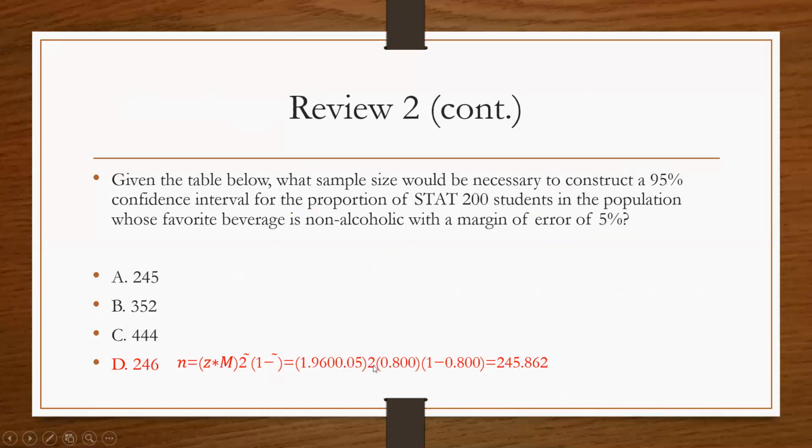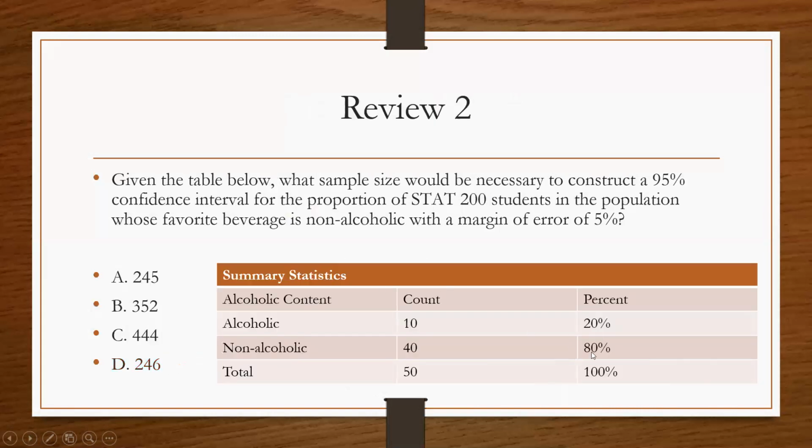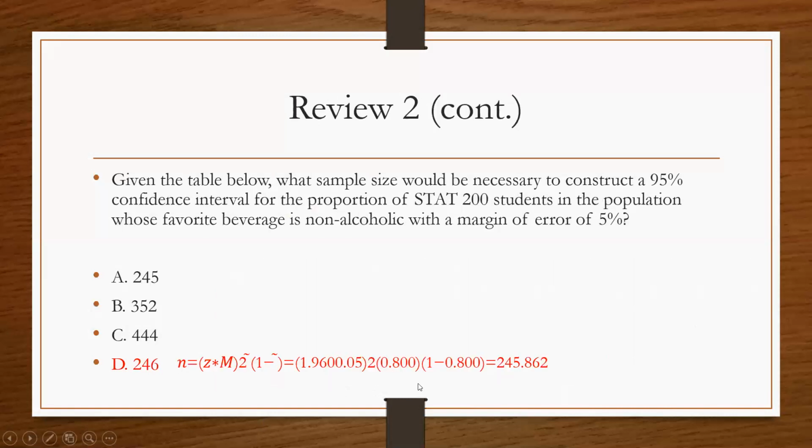Then it's multiplied by the proportion, which is 0.8 from the non-alcoholic percent, and multiplied again by 1 minus 0.8, and you end up getting 245.862. But you always have to round up, even if it's 0.1 or something, because you have to include an entire person. You can't have just part of a person. So that's how you end up getting 246.